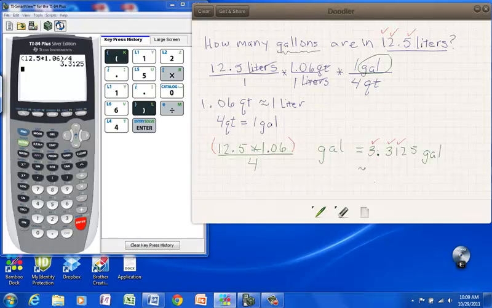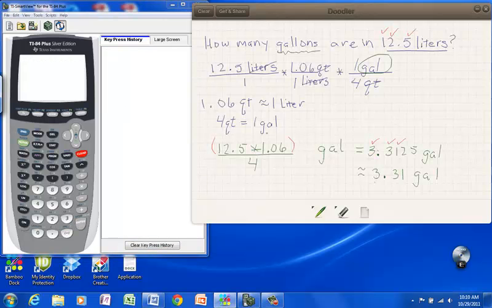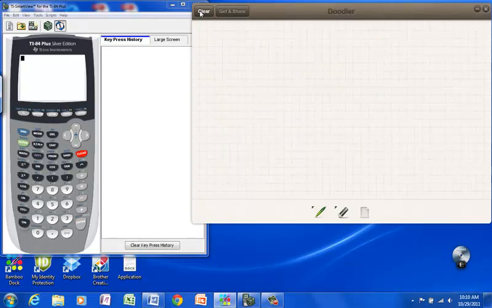So I'll write my final answer as 3.31 gallons. And now I'm finished with that problem. Okay, let's clear this out.